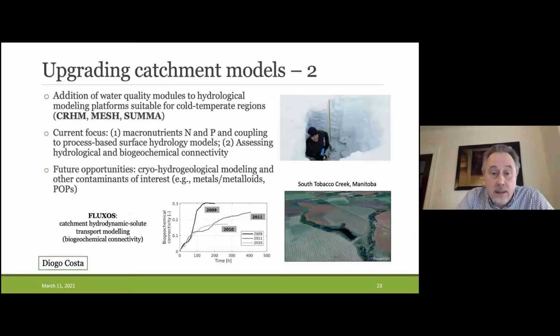Here you see the biogeochemical connectivity trajectories for 3 different years, and these 3 different years yield very different trajectories. Capturing this is, of course, a major advance in our understanding of how these systems work as biogeochemical flow, transport, and reaction systems.